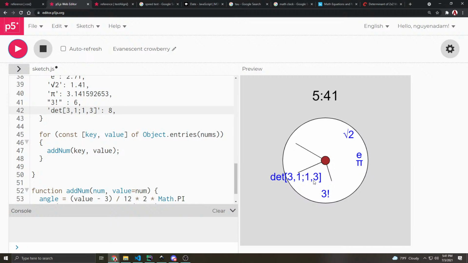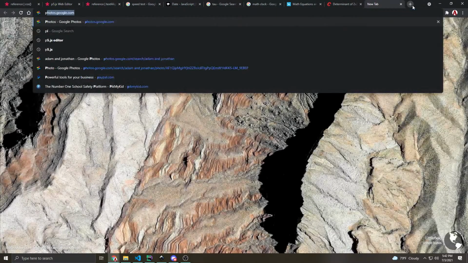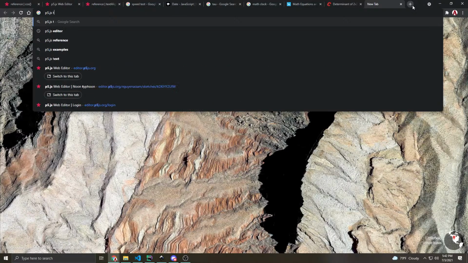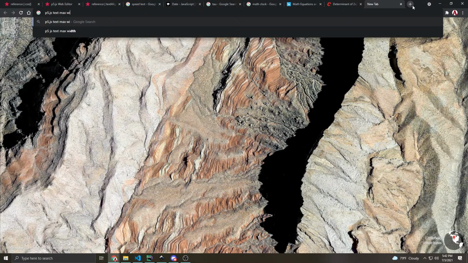Oh, it looks stupid. It's too long. I was gonna look for something to compress the text so that it has to fit within a certain region, right? Let's see if we can do a text max.